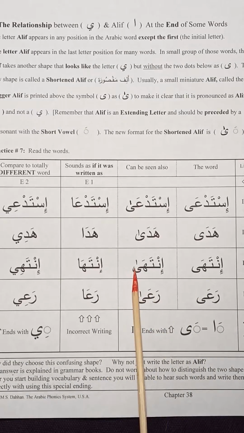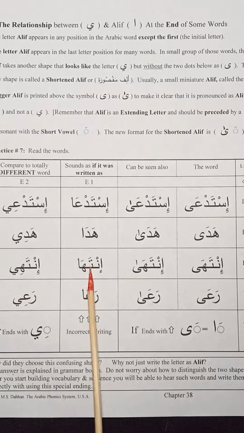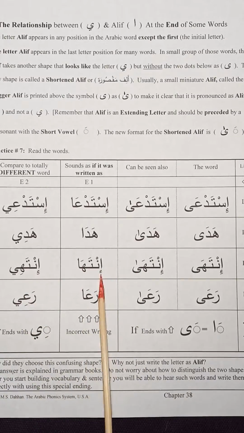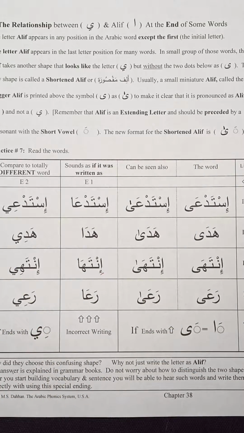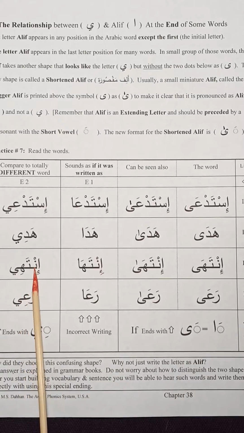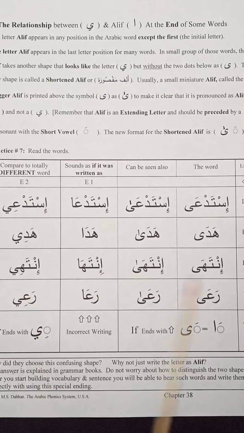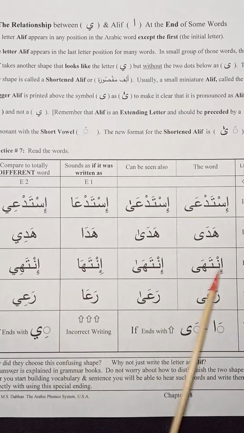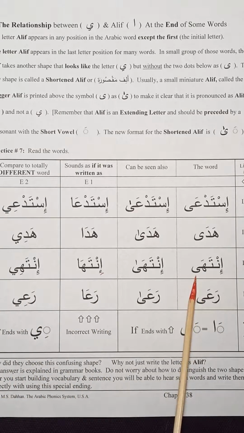And this is very clear here. It is the extending letter alif. Intaha, right? I missed the vowel here. Okay, and here is another totally different word, intahi. So this one is not this one. They're totally different words, although they're almost identical, except the vowel here and the two dots.